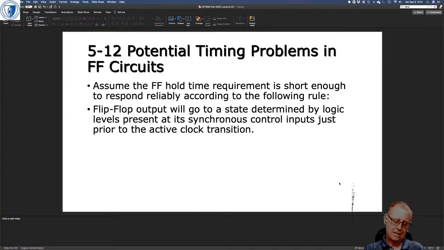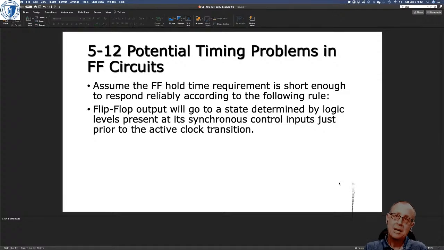And this is just, right, so you've got to assume that the hold time requirement, the hold time, is how long you need to keep the inputs stable in order for the flip-flop to actually take notice of the change on the input.